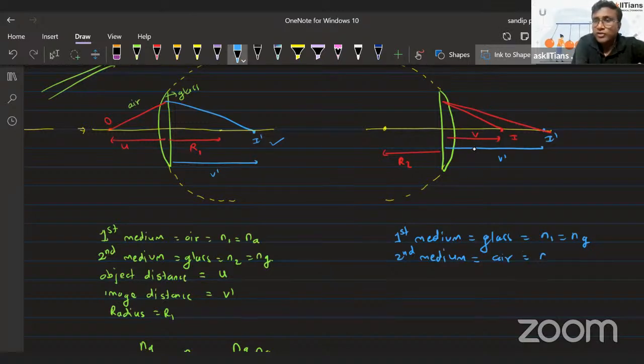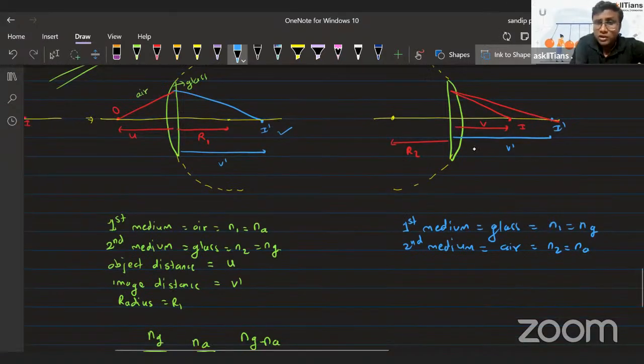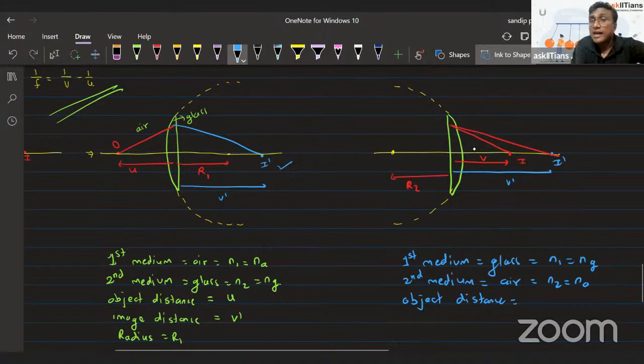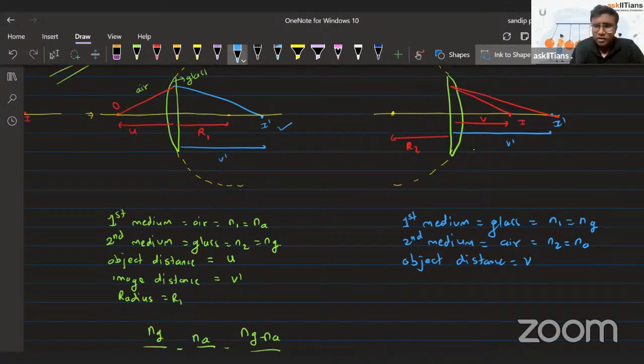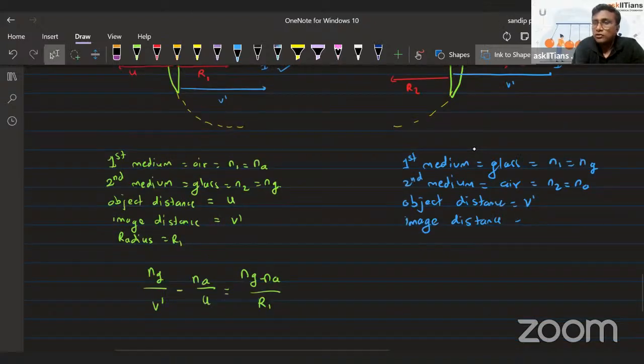So N2 is Na. Object distance: now I dash is the image of the first part that is going to act as the object for the second part. So I dash is the object, and the object distance is V dash. And image distance is V. That is the final image, right? And radius, we can say it is R2.